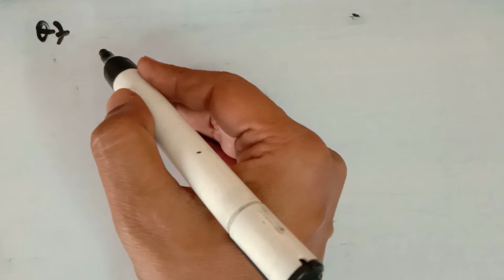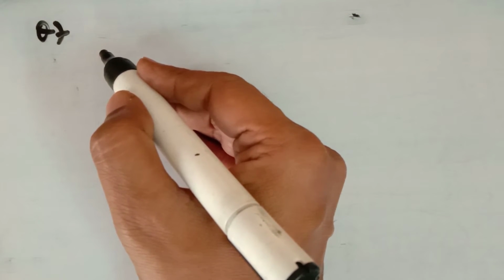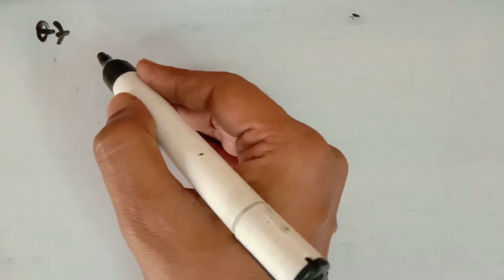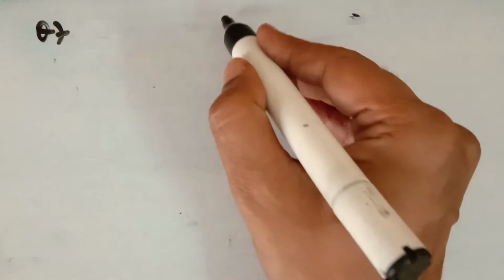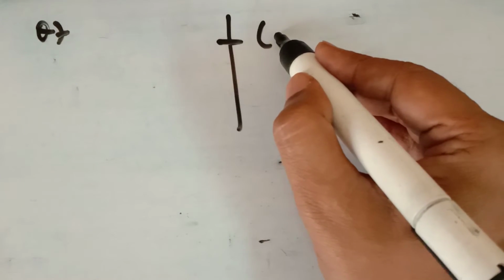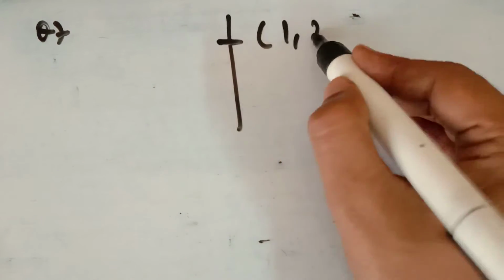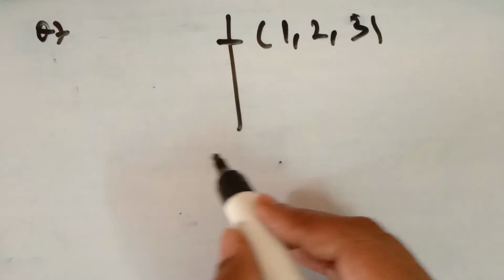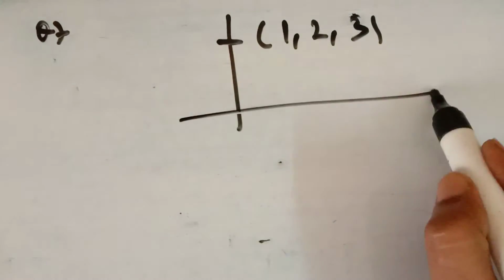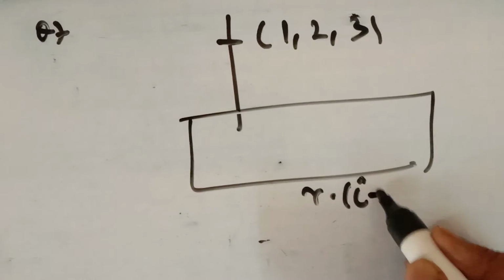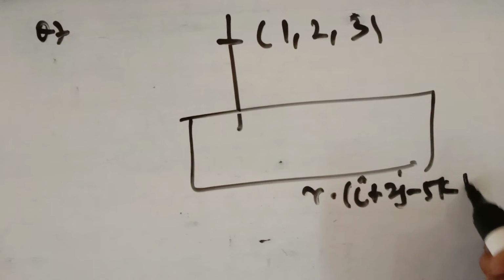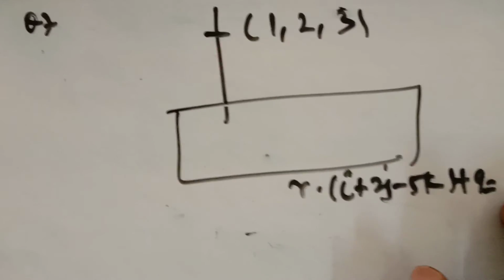Now in question number 7, you have to find the vector equation of a line passing through the given point and perpendicular to the plane. Now you can draw the diagram and easily find the equation of a line passing through the point 1, 2, 3, and it is perpendicular to the plane r dot (i plus 2j minus 5k) plus 9 equal to 0.